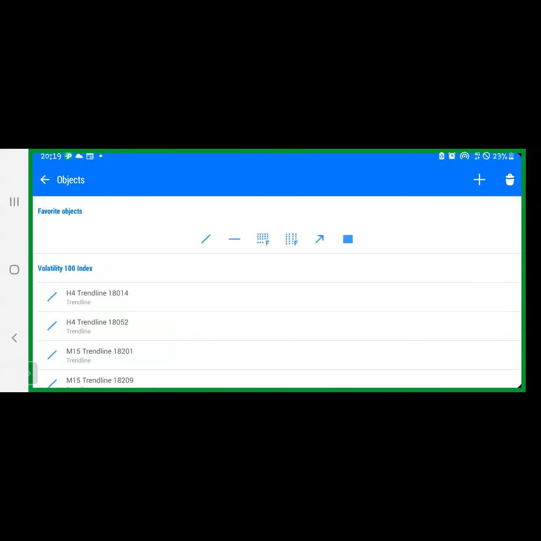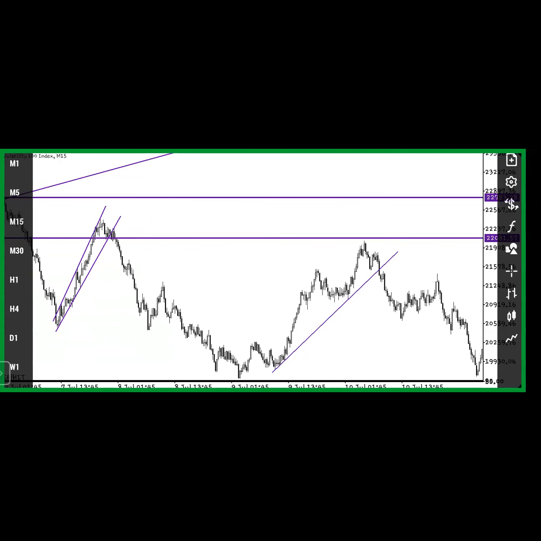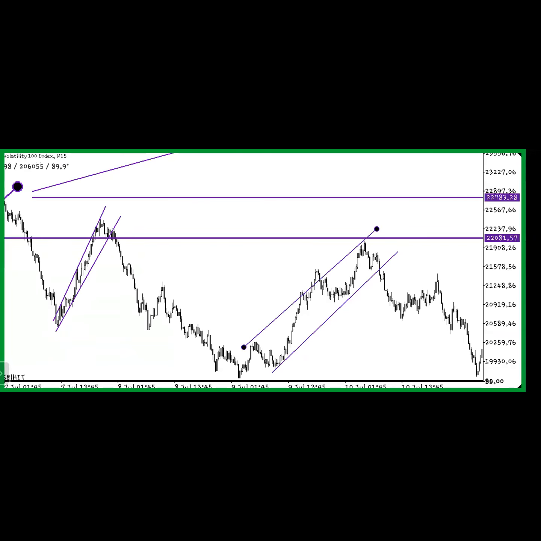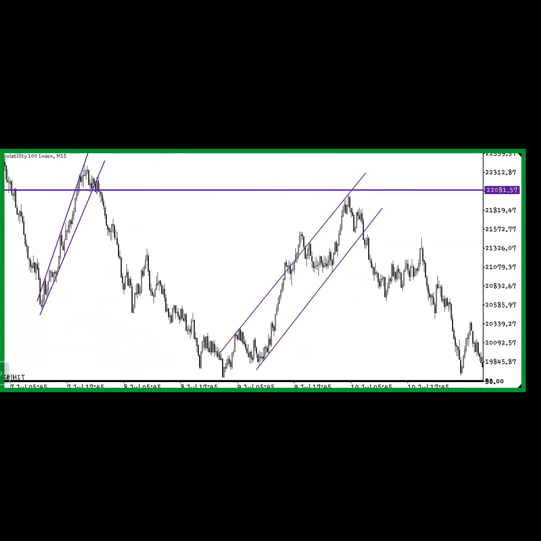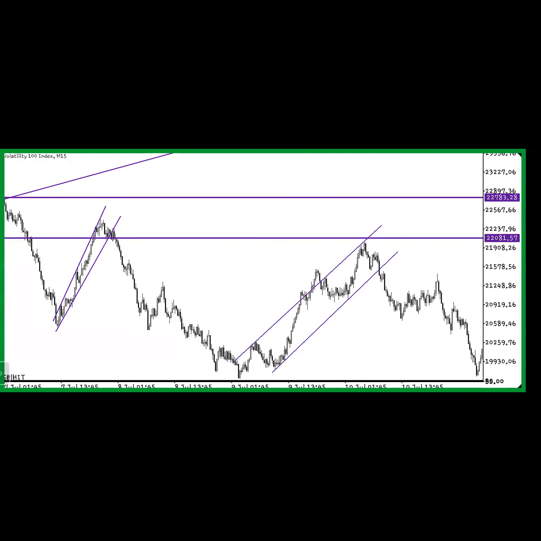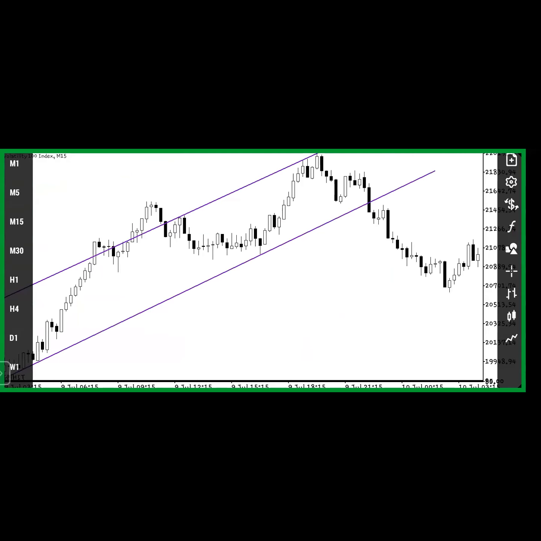Let me see if it can connect. All right, on this one, let's see if we have a proper breakout and retest.